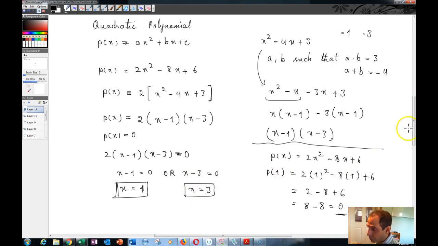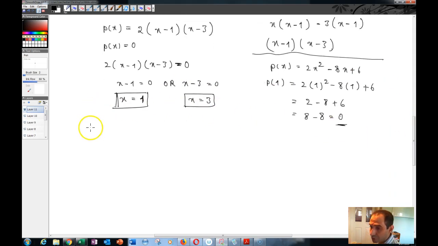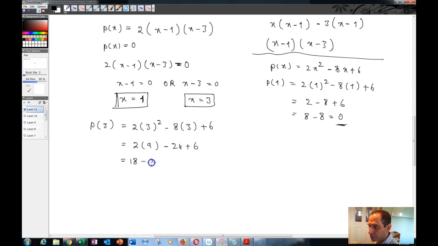And also for 3, if you calculate p of 3, that's going to be 2 times 3 squared minus 8 times 3 plus 6. So that's 2 times 9 minus 24 plus 6, which is 18 minus 24 plus 6, so that's 24 minus 24, which is equal to 0.